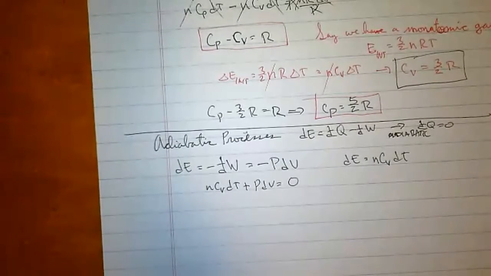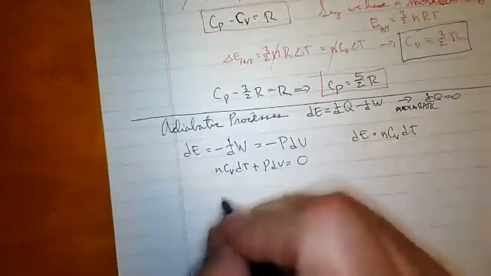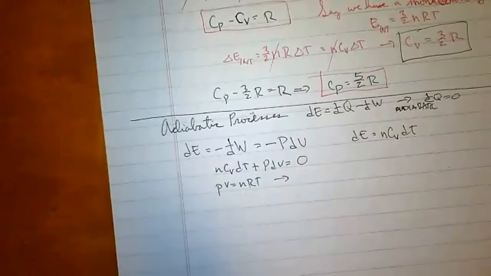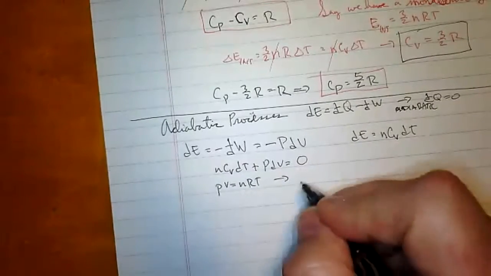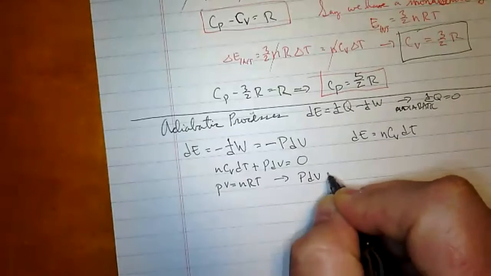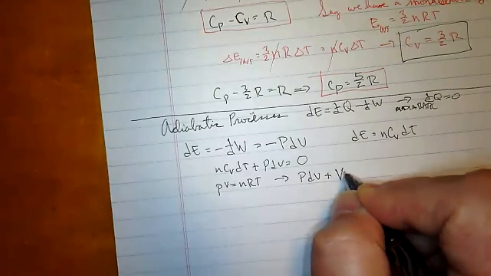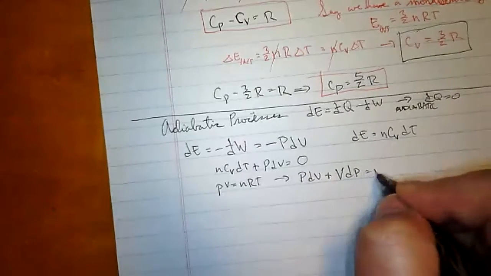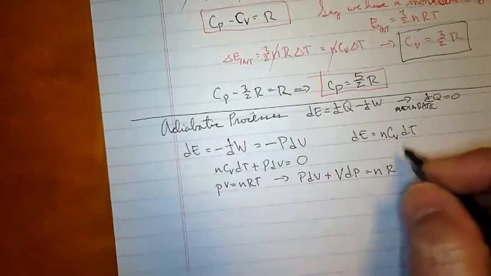If we take the differential of the ideal gas law, PV equals nRT, then we could say P dV plus V dP is equal to nR dT.